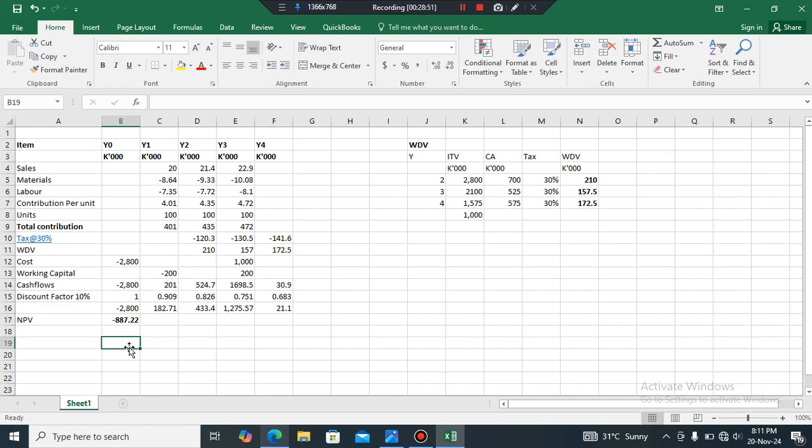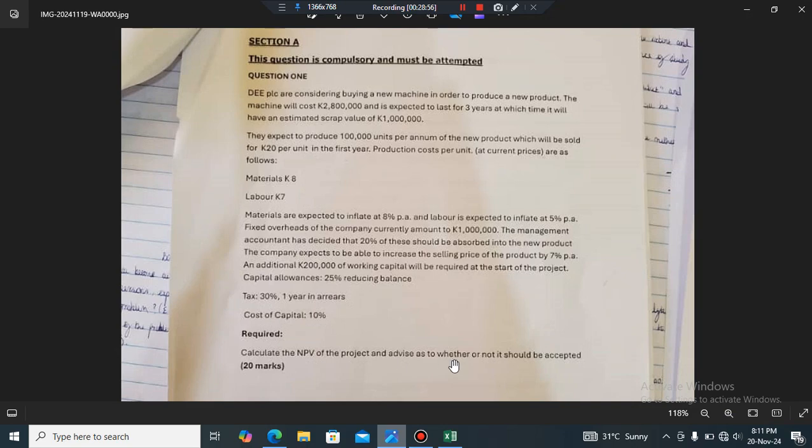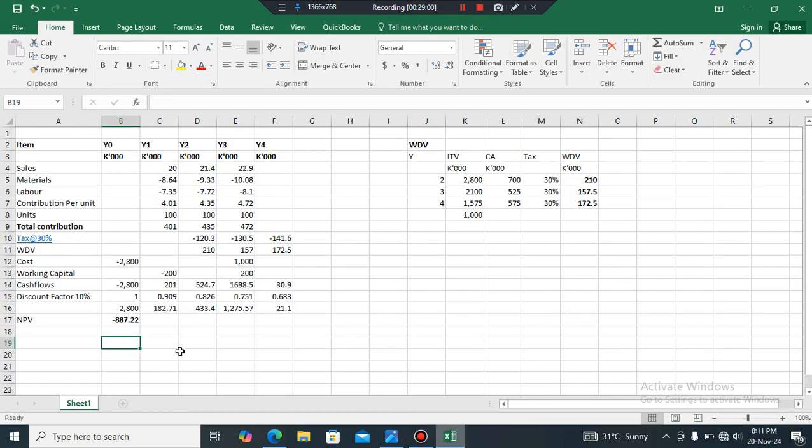And what does this mean? In the question we've been told, give advice whether or not it should be accepted. So what do we say? We say, since the NPV is negative, it implies that the project is not viable, right?